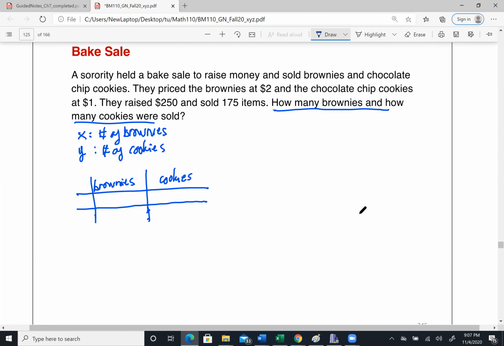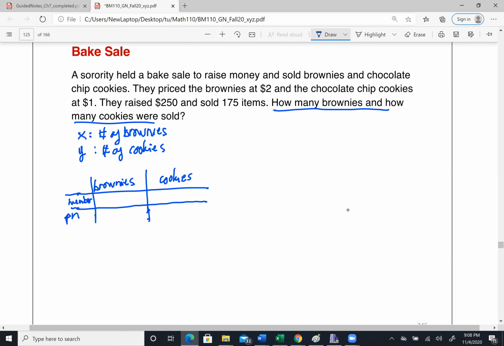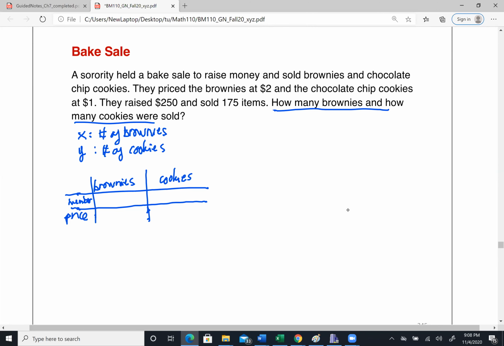Let's say number is here, and price is here. So the number of brownies is X, and the number of cookies is Y. The price of brownies is $2 for each.